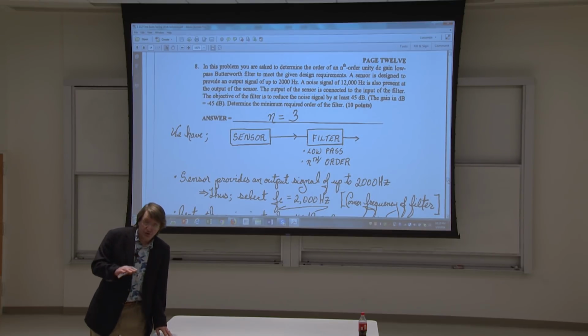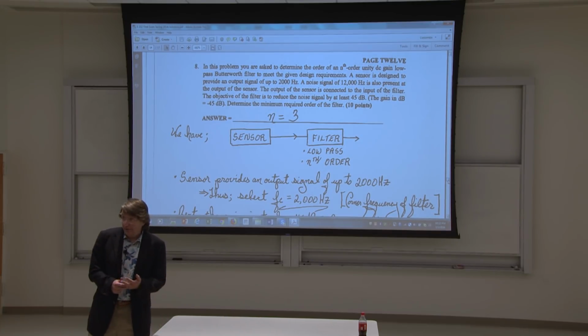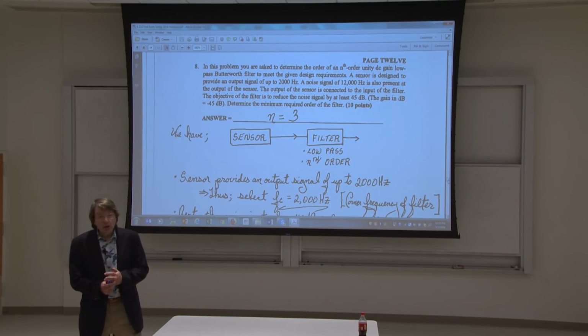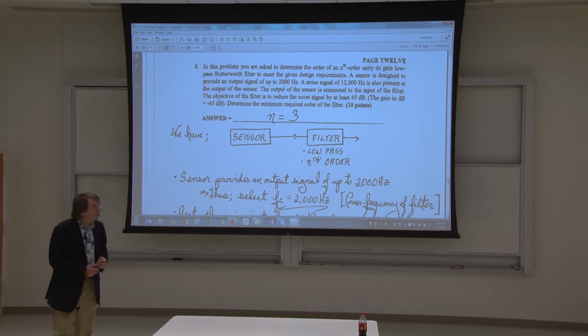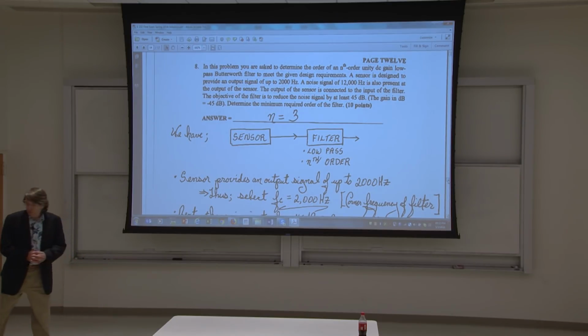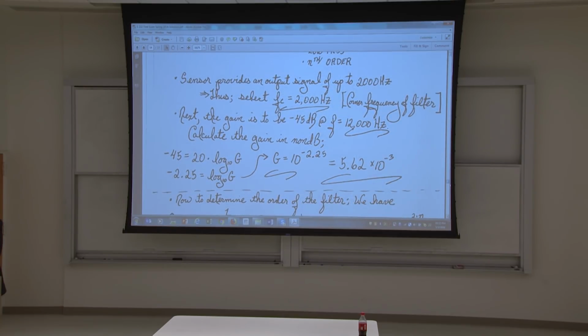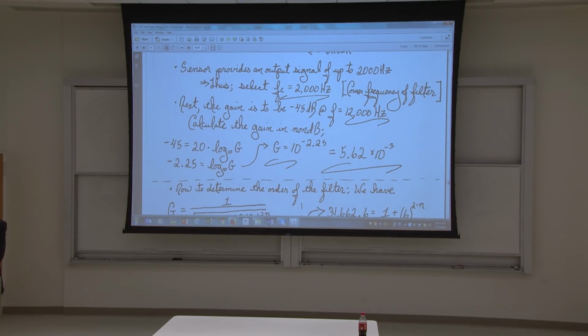That's a loss, so it's negative 45. Don't make it positive 45. That's a huge gain. We want a loss of 45, so it becomes minus 45. So I look here and say, we want the gain of the noise to be minus 45 dB.